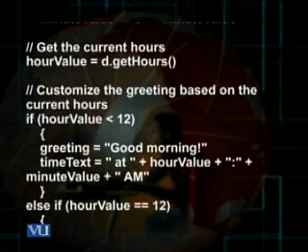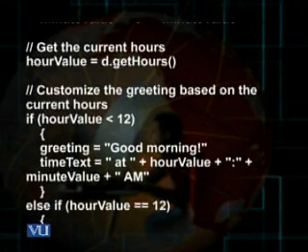And I then use a few if statements. If hourValue is less than 12, then there is a curly bracket in which I type two statements. In fact, I have defined here two new variables, one variable greeting and the other variable timeText.